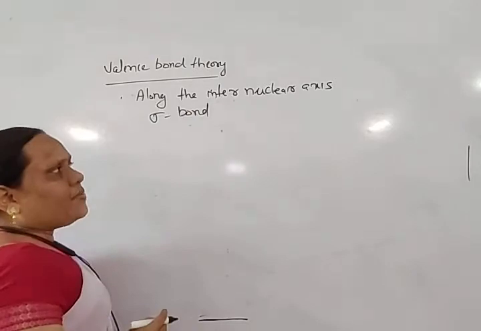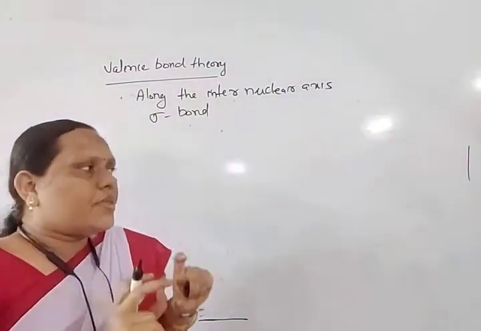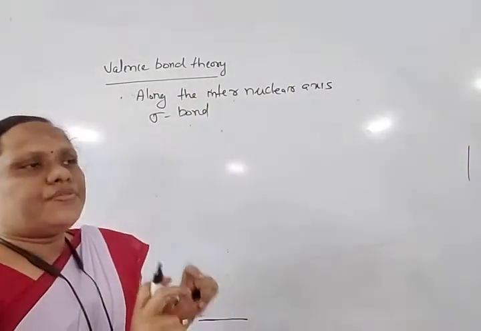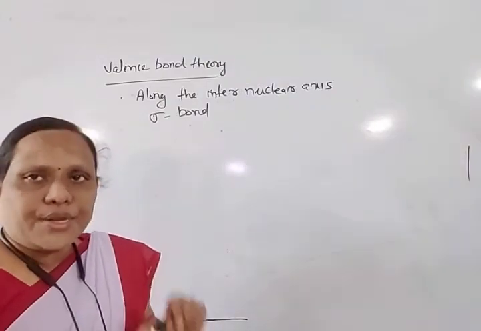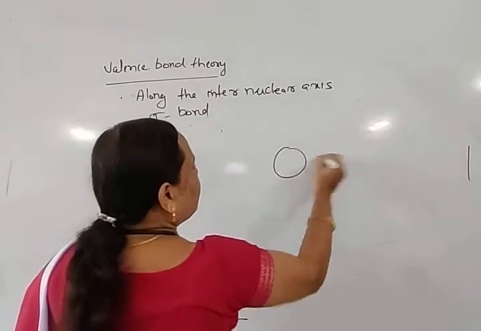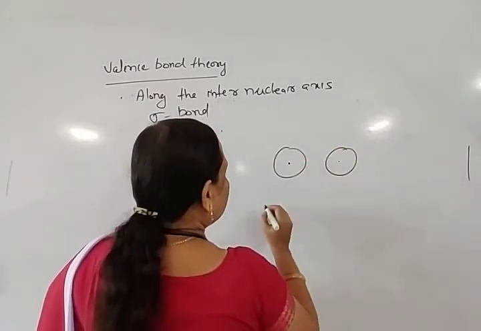So the overlapping which takes place along the internuclear axis, that means the line which joins the nuclei of two atoms, is known as the internuclear axis. Look here, same with hydrogen. This is the nucleus, and in hydrogen, this is the nucleus.